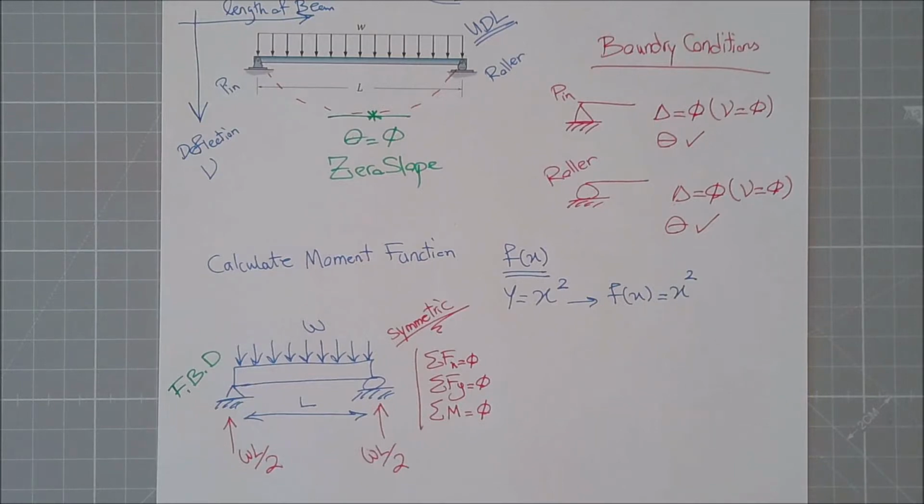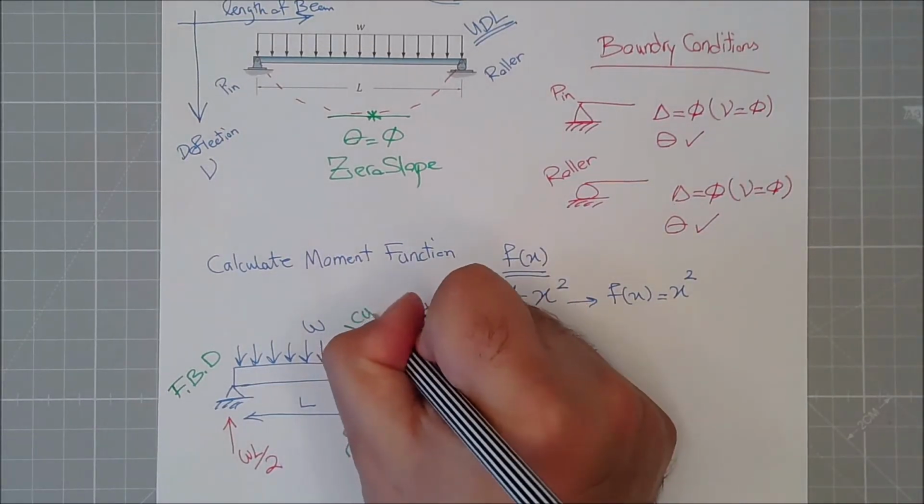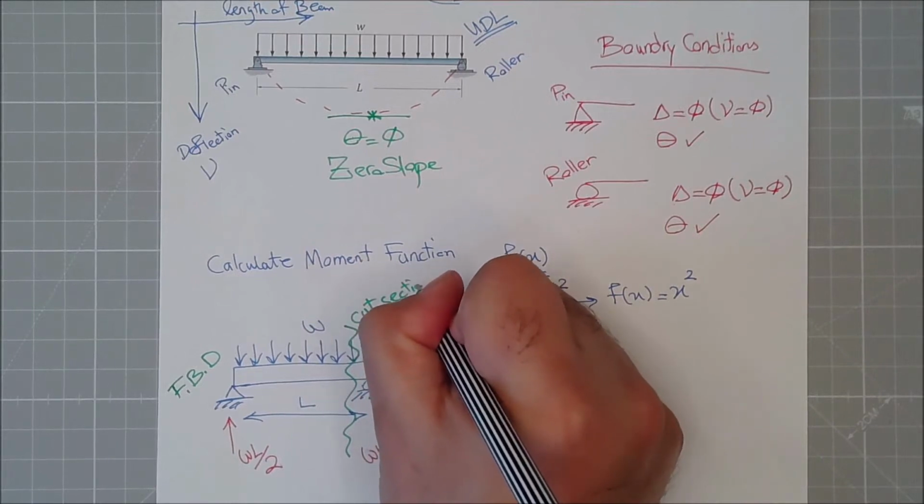Now, in order to figure out the moment, we were saying, let's cut it a micron after something happens. It's a distributed load, so nothing is happening here all the way to this support. So I start from the left side of my beam, carry on to the right, and cut a section here.